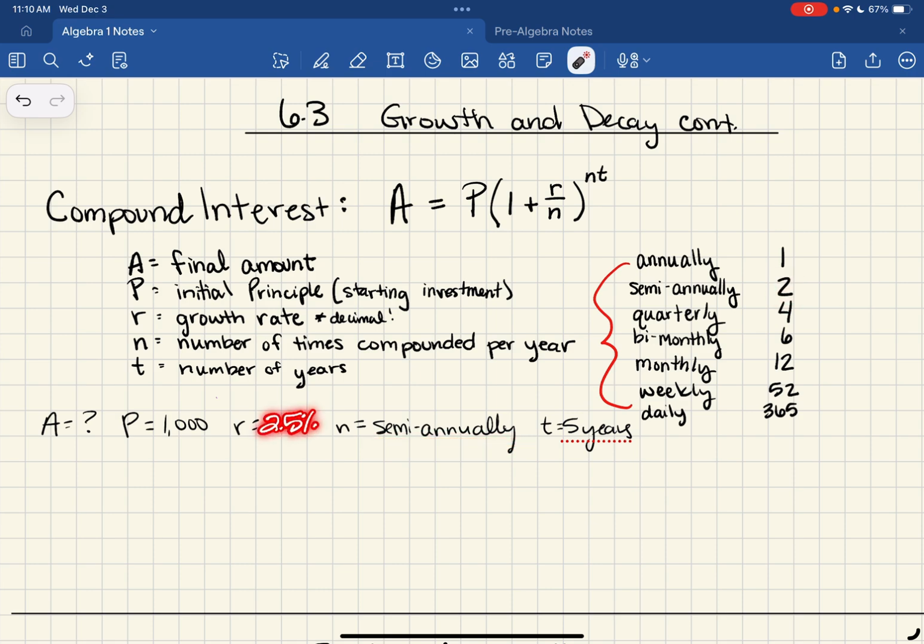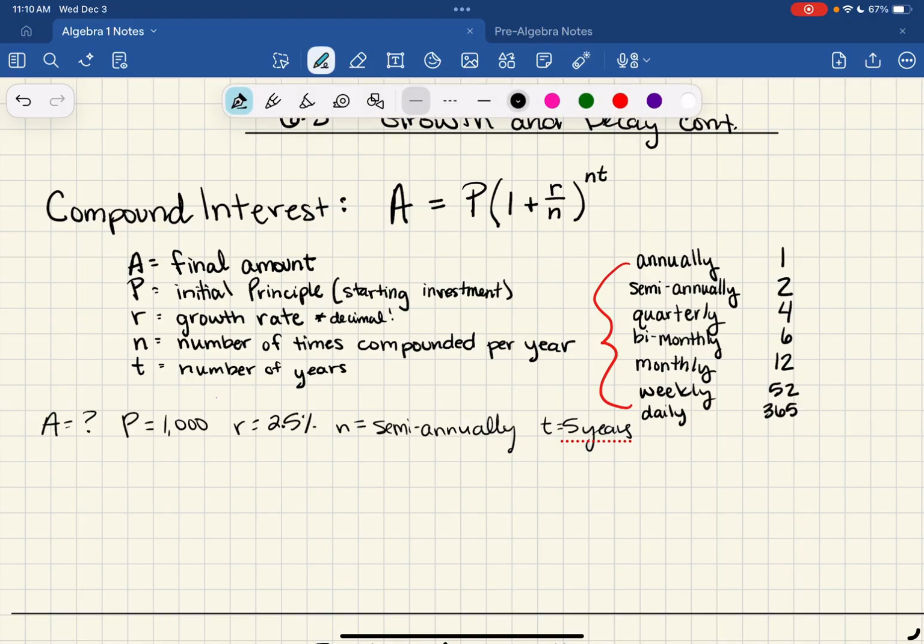At 2.5% interest after 5 years. Sounds a little complicated, right? But this would be like you're investing $1,000 into a bank account, leaving it in there for 5 years, and every year you're gaining 2.5% of it twice a year.